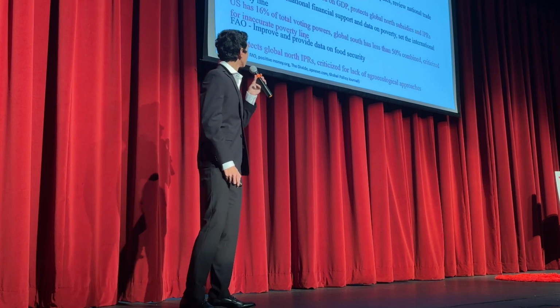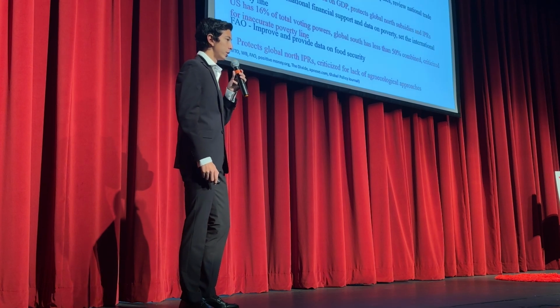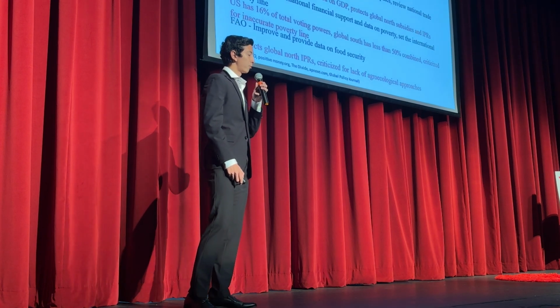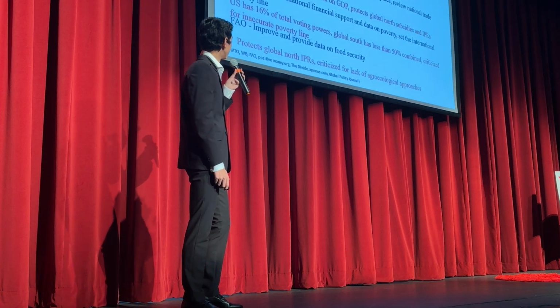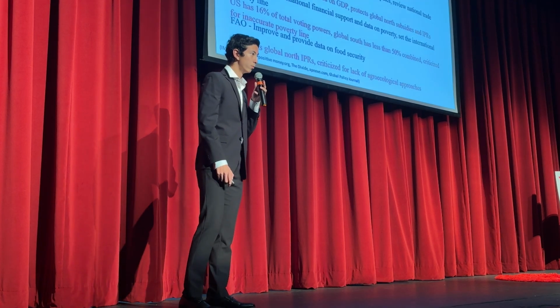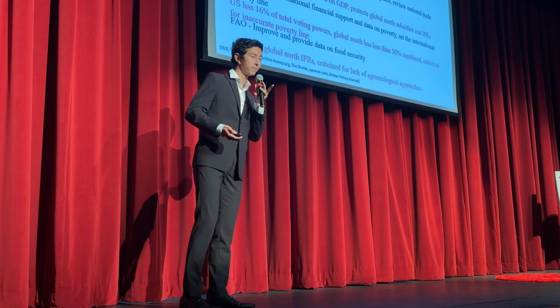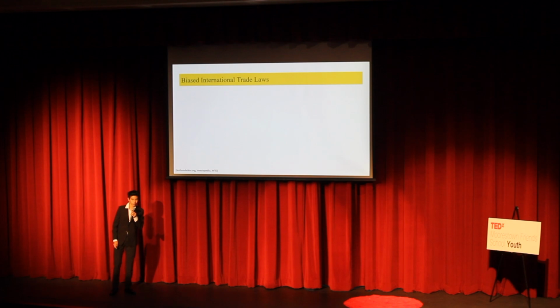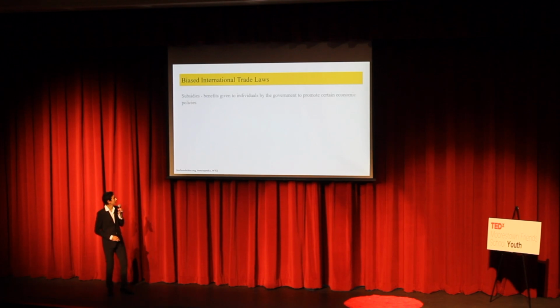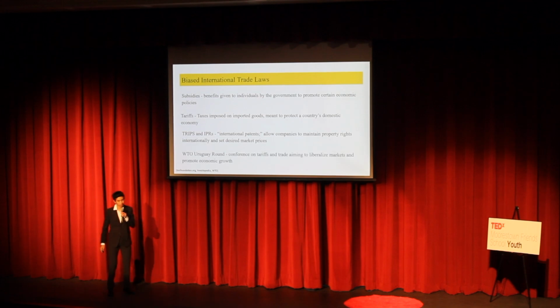In addition, the Food and Agricultural Organization strengthens and protects IPRs, and the World Trade Organization also protects Global North subsidies and IPRs. And you may be asking, what are IPRs? That has to do with biased international trade laws. This includes tariffs, subsidies, TRIPS and IPRs, and the WTO Uruguay round.